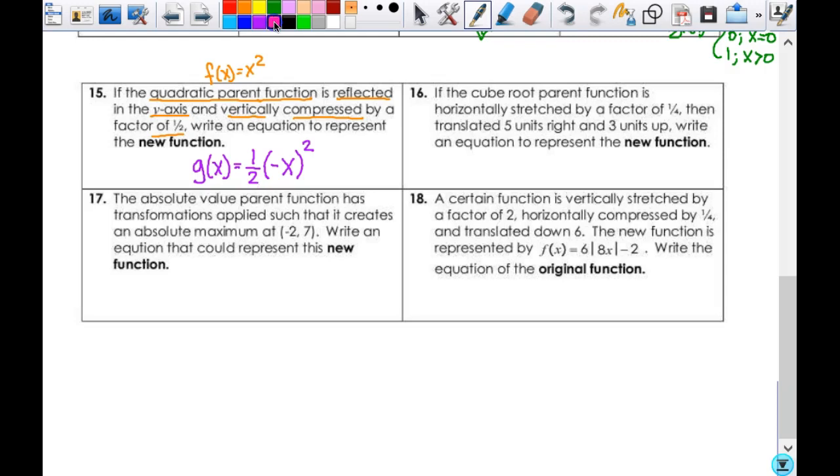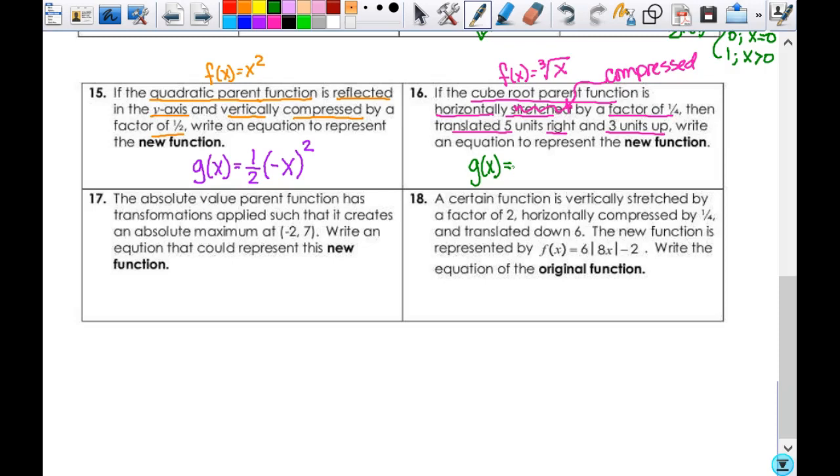All right, so then we want the cube root. It says if the cube root parent function, so this is f of x equals the cube root of x, is horizontally, remember I told you to change this, it should say compressed. That's what that word right there should be. Horizontally compressed by a factor of 1/4, then translated 5 units right and 3 units up, write an equation to represent the new function. All right, so g of x could equal, so we're horizontally compressing it, which means it's inside with the x.